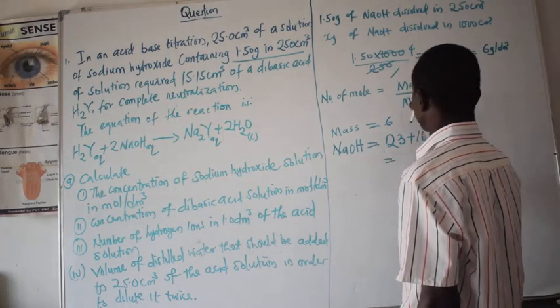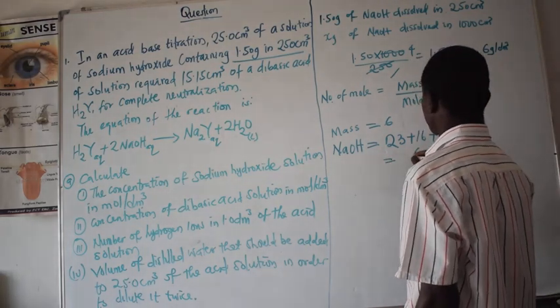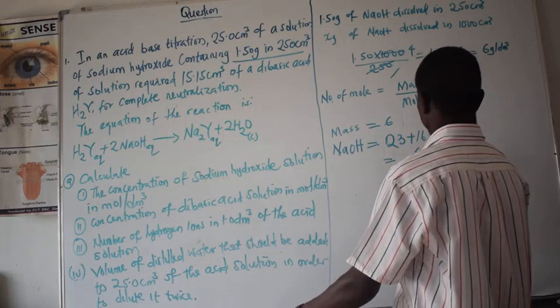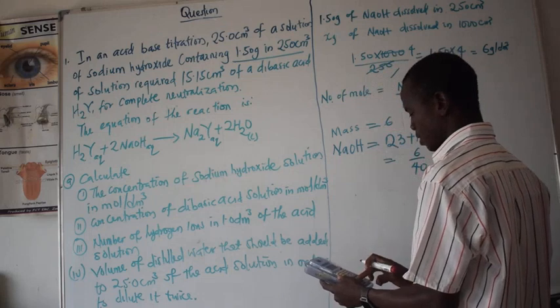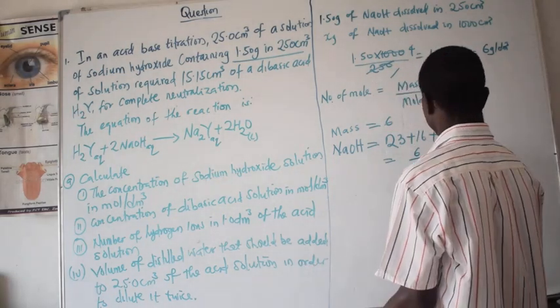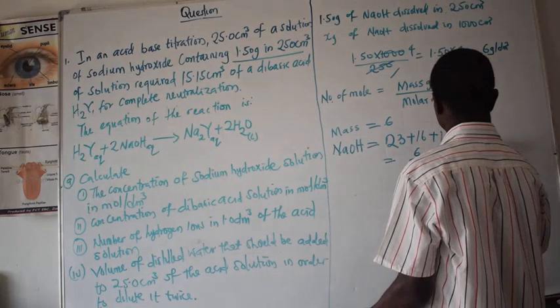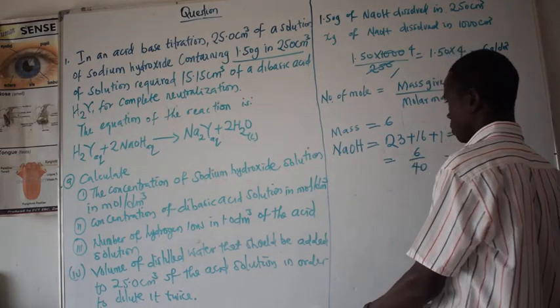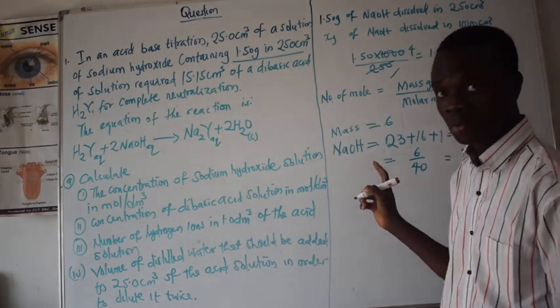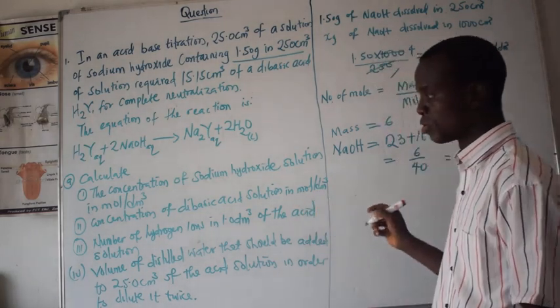Just substitute into the formula: 6 all over 40. 6 divided by 40 gives 0.15 mole per dm³. That is the first method you can use to solve this.